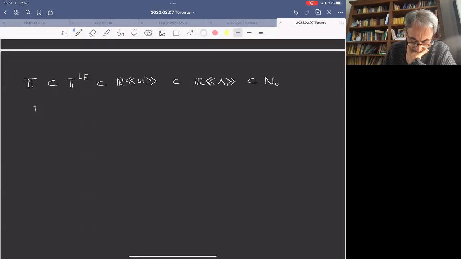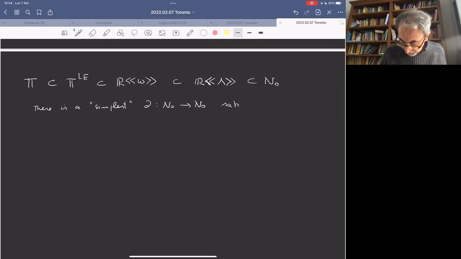There is a simplest derivation satisfying SD4, SD0, SD4.